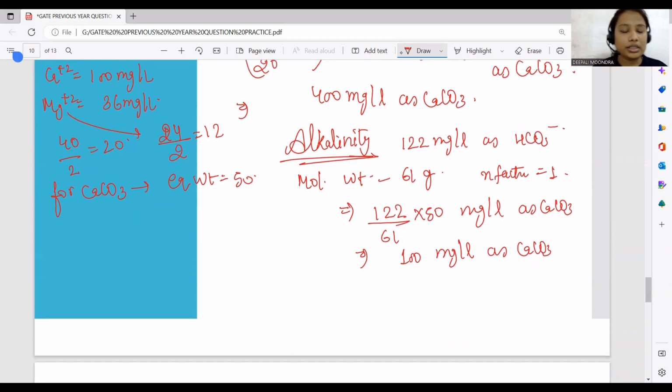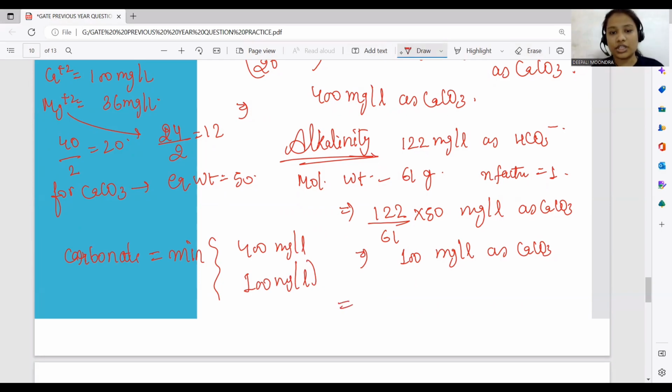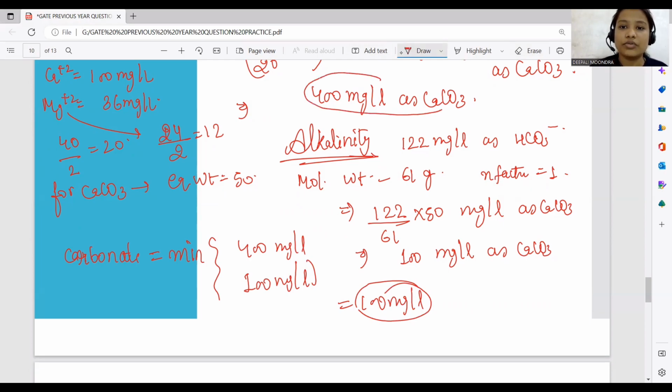Now, see. So we have the carbonate hardness, or we can say temporary hardness. The carbonate hardness or temporary hardness is the minimum of 400 mg per liter and 100 mg per liter. So the minimum will be, of course, 100 mg per liter. So this will be the carbonate hardness and total hardness is 400.